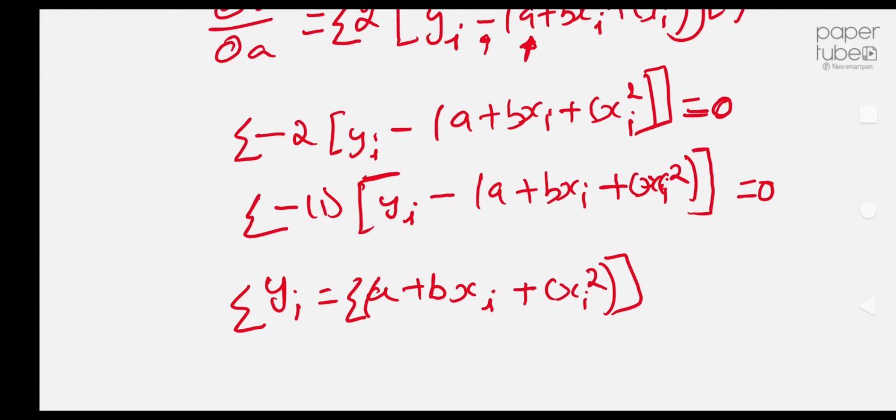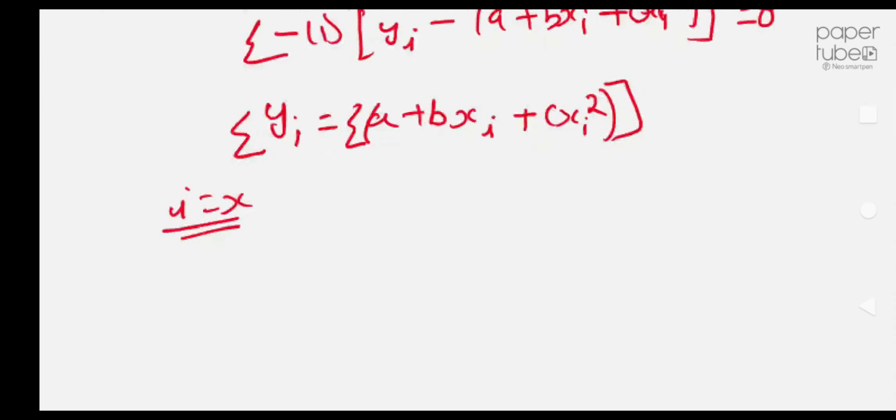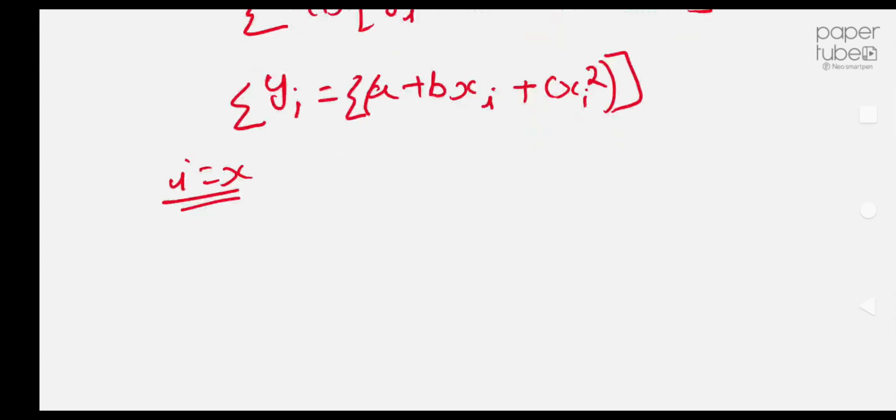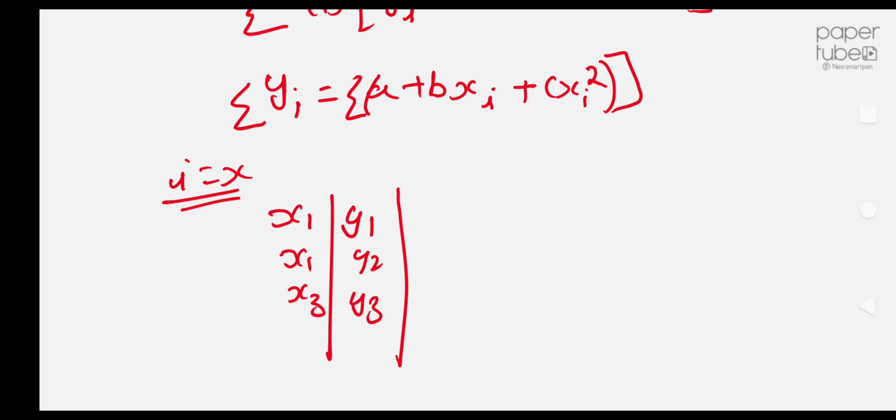So what does this mean? Let's say we have i equal to 3. What do I mean by that? We have 3 experiments, which means we will have x1, x2, x3, and the corresponding experimentally obtained y values will be y1, y2, y3, and let's say we also predicted them: y1 predicted using the expression a plus b x plus c x squared, y2 predicted, y3 predicted. How do we do that?